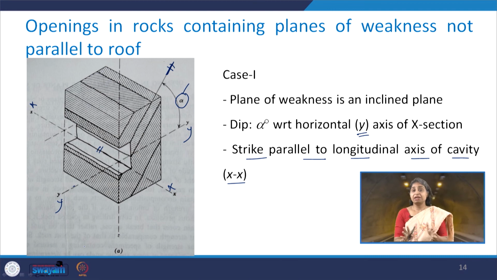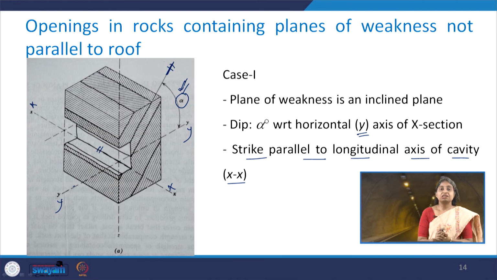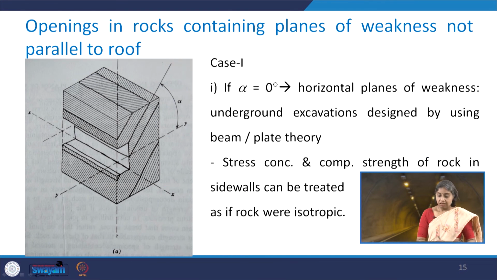If you take a look, this becomes parallel to the longitudinal axis. Now, there can be various situations based upon the range of the value of the angle alpha. Accordingly, you will have to take care of the opening and the corresponding support system. Let us take the first case, when alpha equals 0 degree. We have the horizontal plane of weakness.